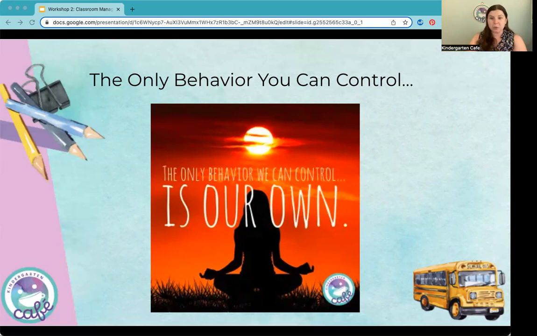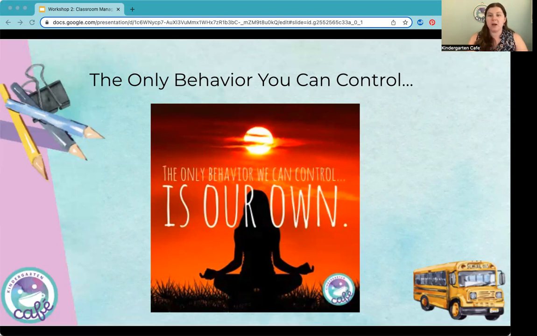The way that you react to your students' misbehaviors can either help or hurt the situation. We need to stay calm, matter of fact, and not have big reactions. We need to see the students' behavior as communication. We need to act as a detective to figure out what they're trying to tell us.